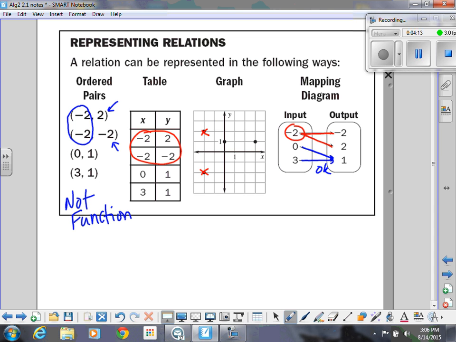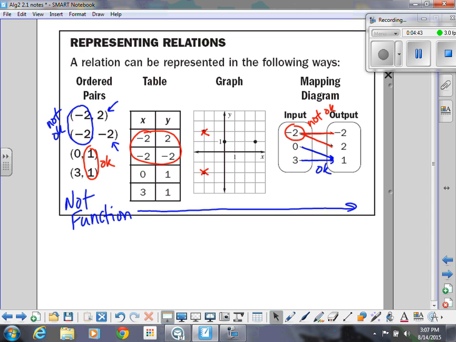This is okay. All right. This part is not okay. So all of these are not functions. Another way to say that with the coordinate pairs, it's not okay to have x's repeated, but it is okay to have the y's repeated. Same thing in the table.